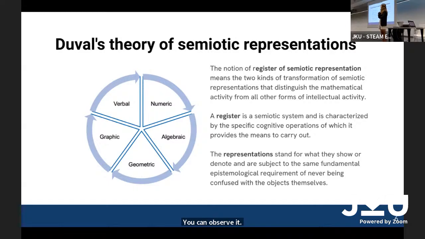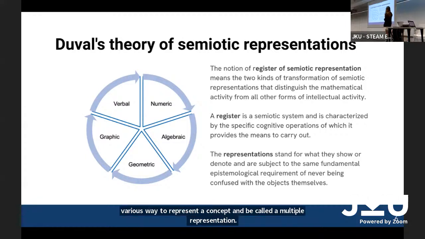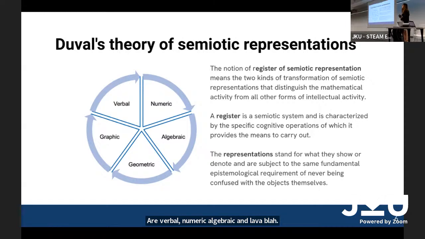In the field of mathematics, there are lots of various ways to represent a concept, and we call them multiple representations. And these representations are verbal, numeric, algebraic, and so on. For the student, conceptual understanding of a mathematical concept can be explained by their knowledge of using a representation and transforming among them.